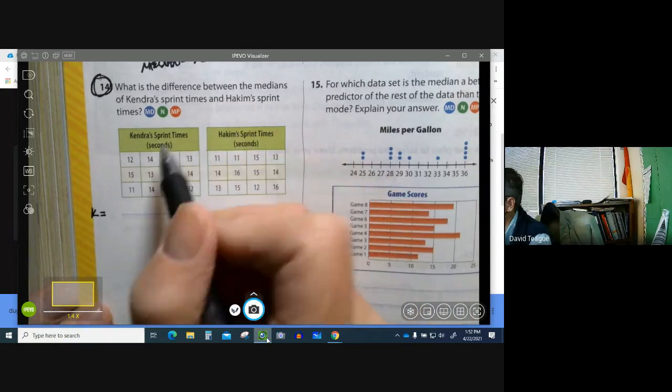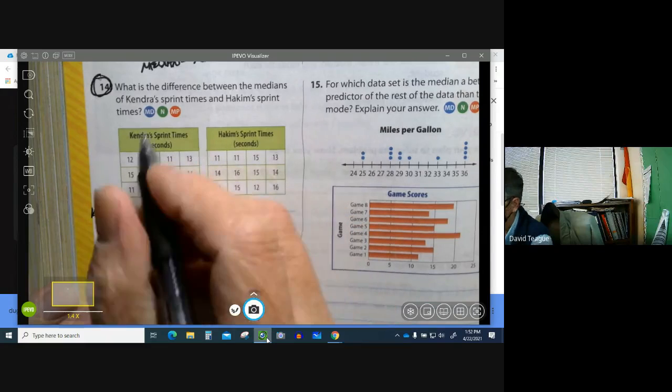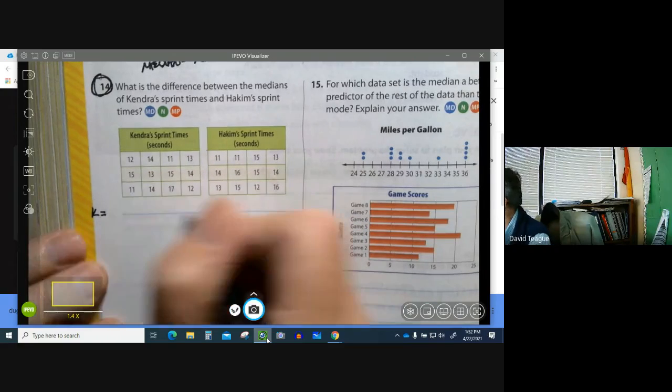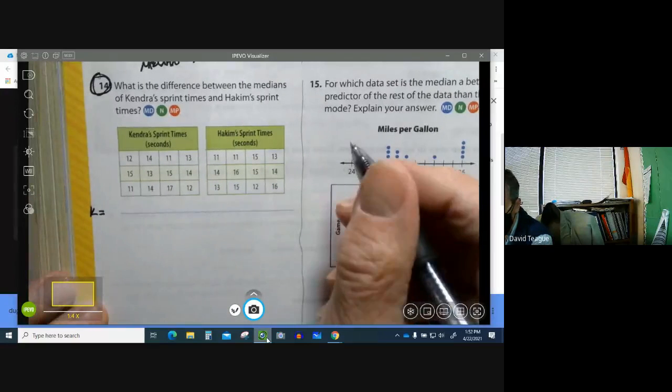So for Kendra, we're going to look at this data set because this is her data. We're going to have to put it in order from smallest to greatest and then find the median, right?